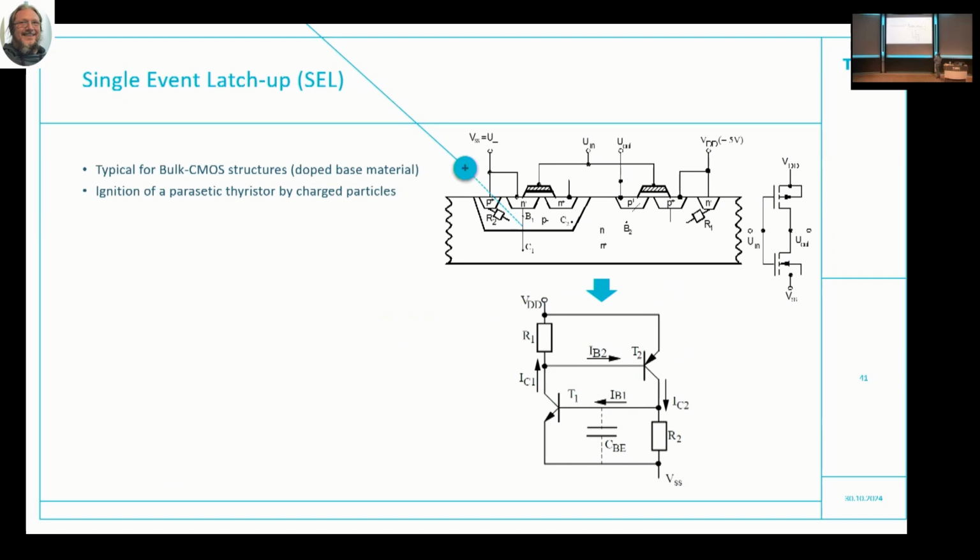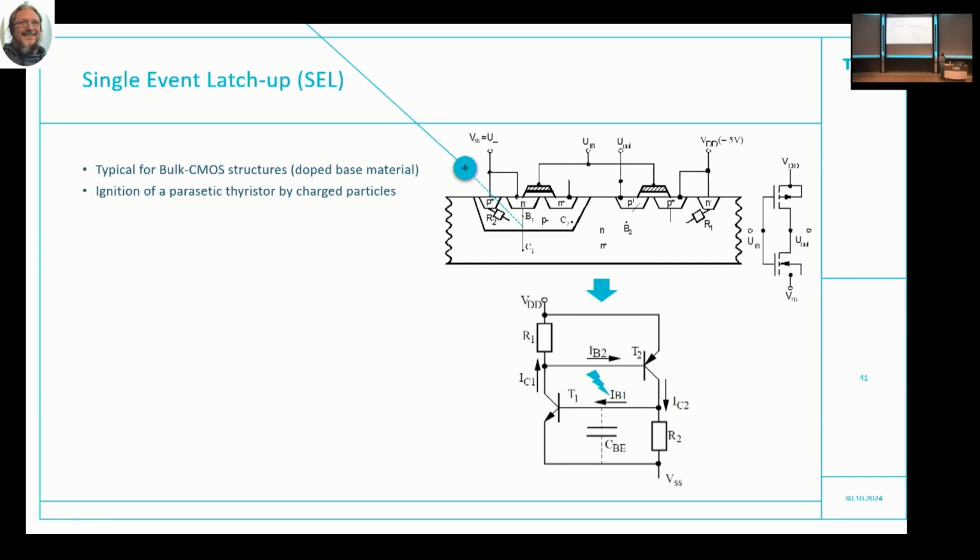So we have here an N-doped material, P-doped material, an N-doped material, and this is what you know from other lectures. This is an NPN bipolar transistor, not a field effect transistor. So when we put everything together, what forms out of this is this so-called thyristor. And what happens with this thyristor is we have now here a particle strike inducing a current.